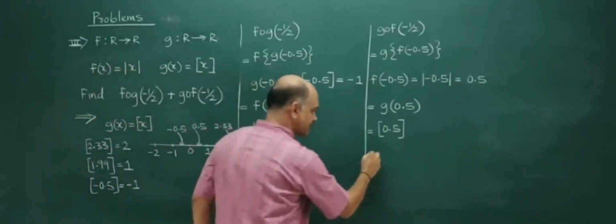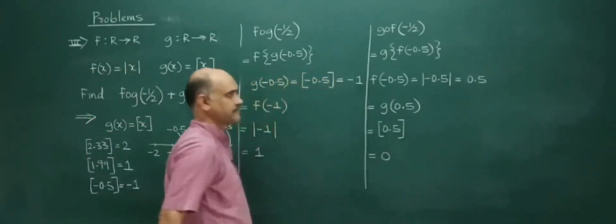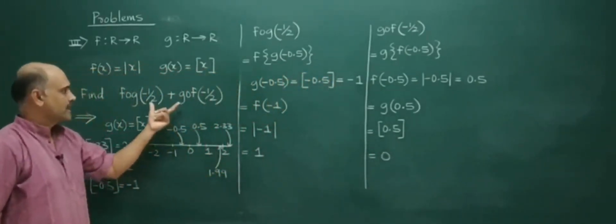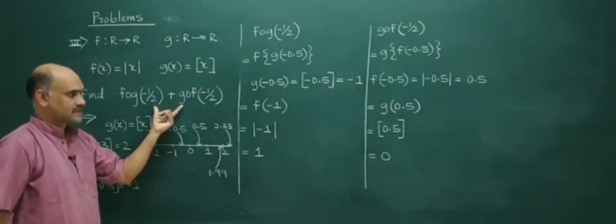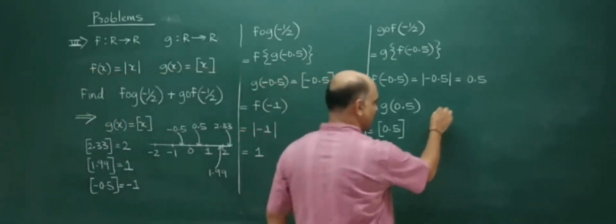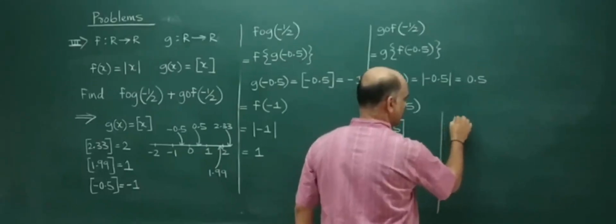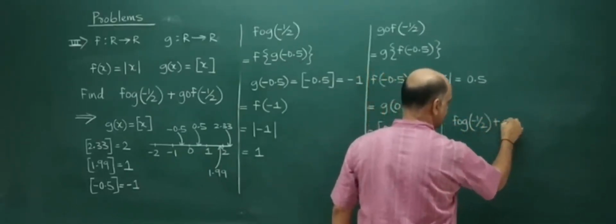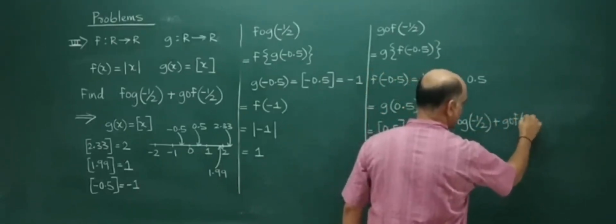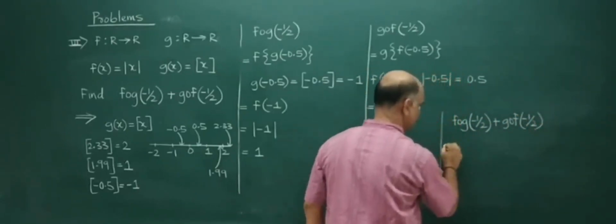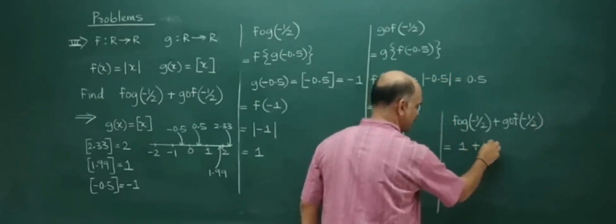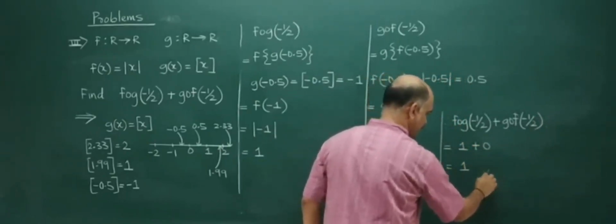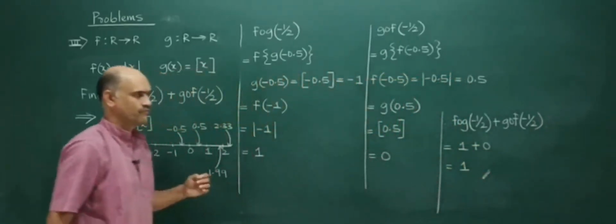So this answer will be equal to 0. Now you add both. Therefore f of g of minus 1 by 2 plus g of f of minus 1 by 2 will be equal to 1 plus 0, that is equal to 1.